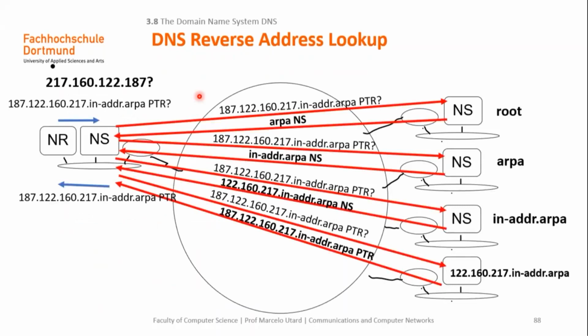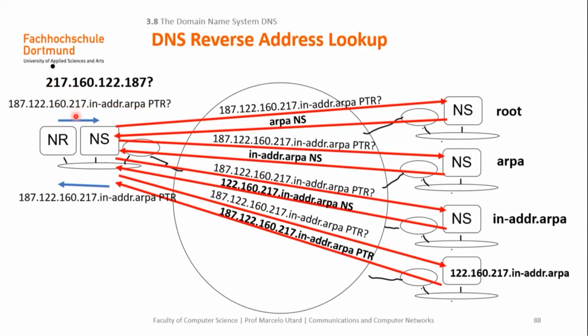Then this is the illustration of the reverse address lookup. We need to obtain the name associated, that is, we need to obtain the PTR, the pointer record associated with this address. Then we construct the query in that way: this number first, this number second, this number next, this number next, and finally dot in-addr.arpa.